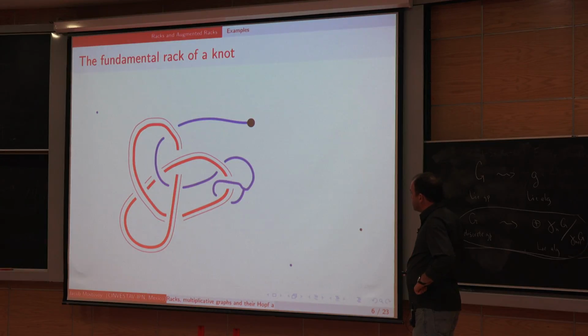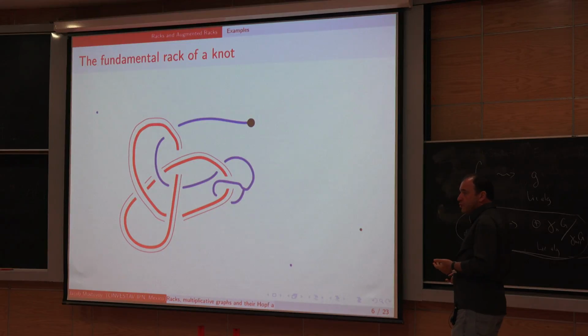So what's the operation? In order to define an augmented rack, first of all, we want to project each element of the rack to the corresponding element of the fundamental group.